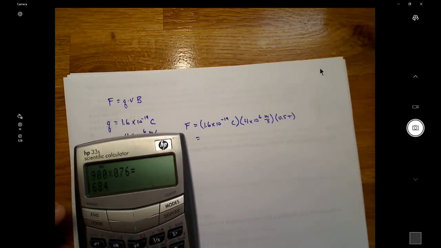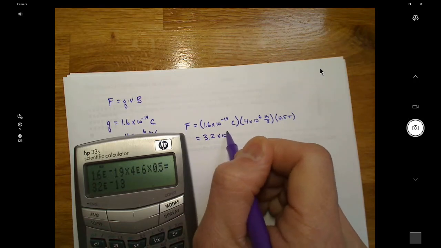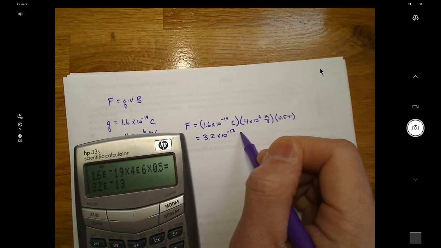Now if you're using your cell phone, cell phones aren't the greatest for doing scientific notation. Hopefully you have a good scientific calculator around. Here, 1.6 E negative 19 times 4E6 times 0.5 gives me 3.2 times 10 to the negative 13th. And the units for force are in newtons.